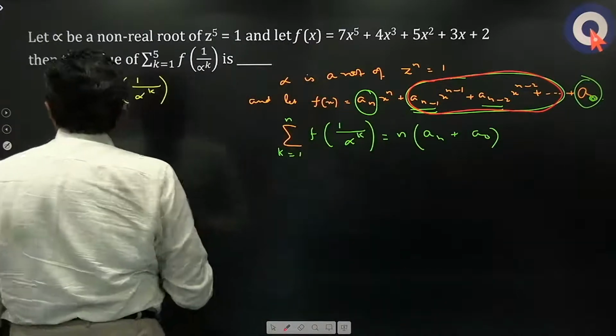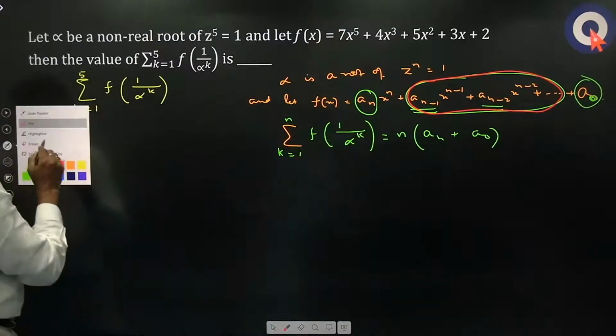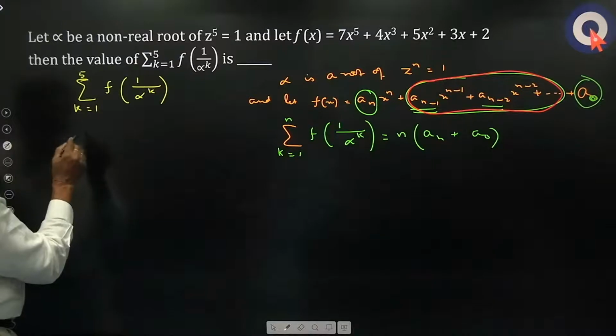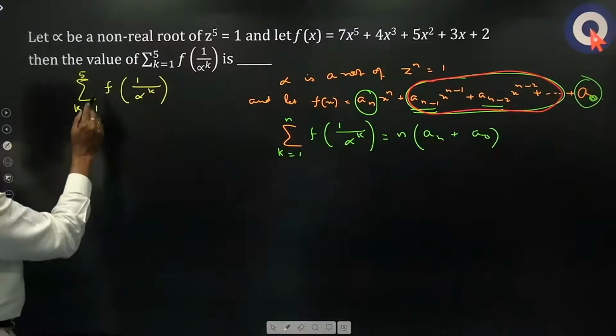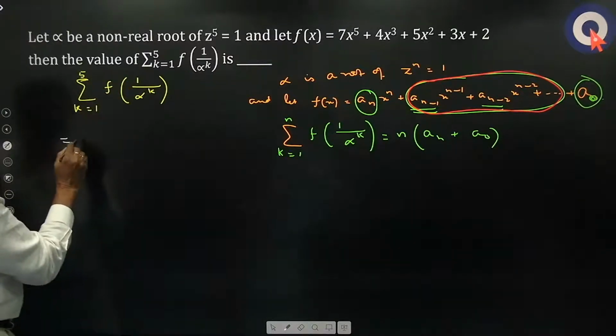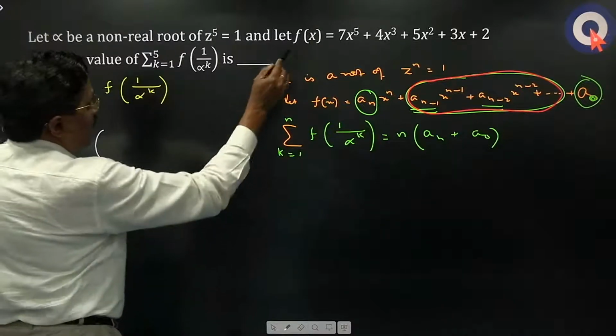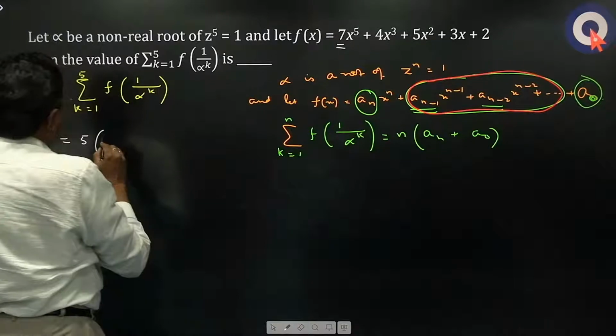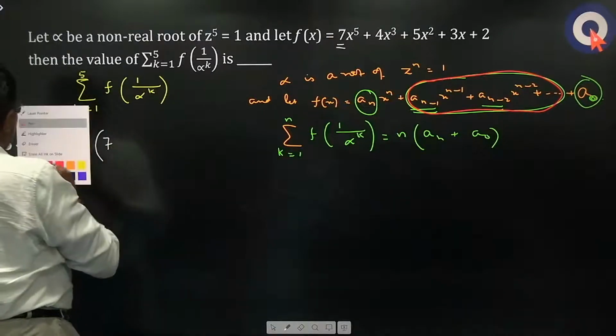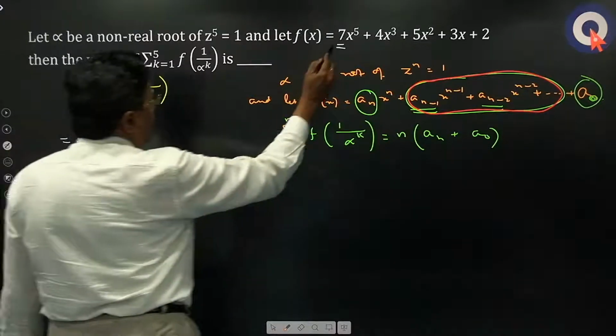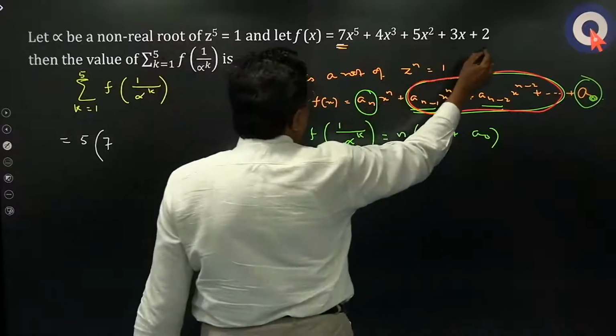So because of this, n is 5 here. So this is 5 into, and leading coefficient is 7. You can see the leading coefficient is 7 and the constant term is 2.